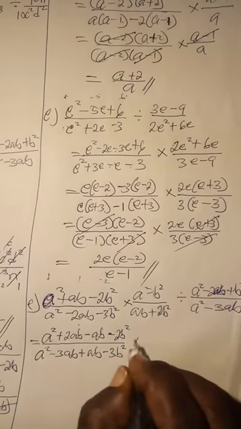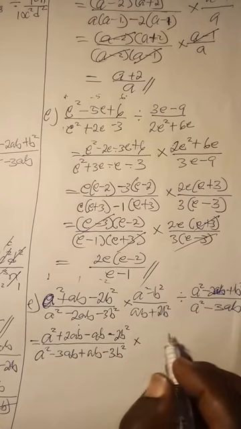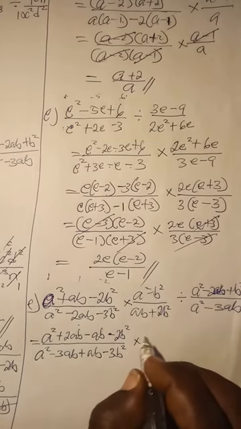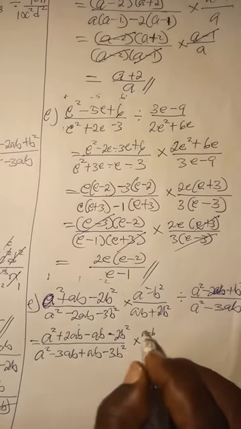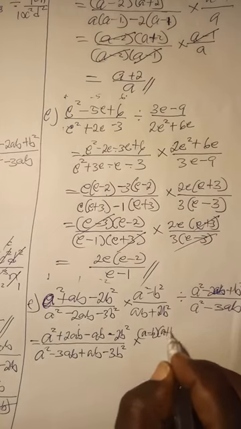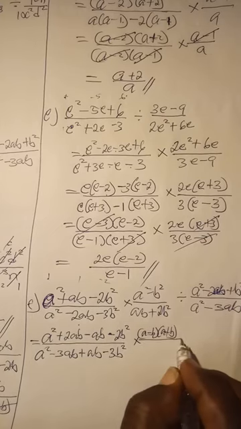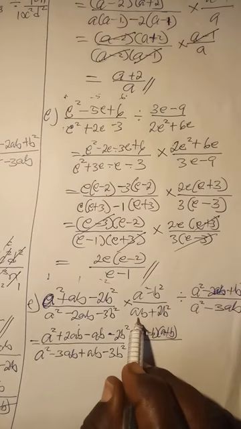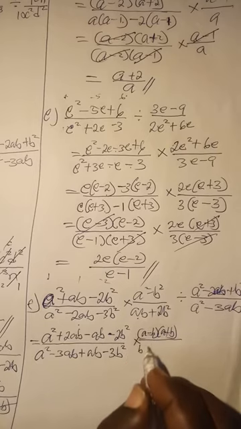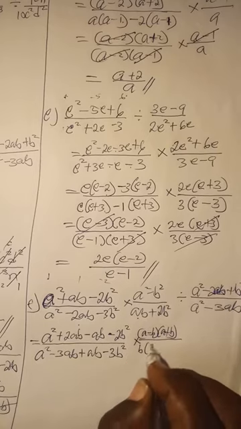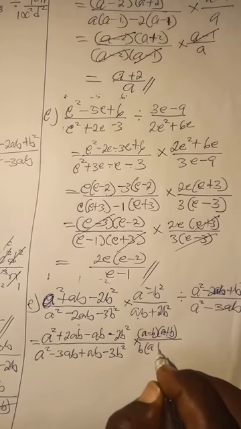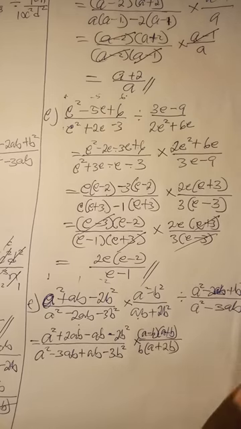Okay, times, now a case of difference of two squares here, right? So a minus b, a plus b, right? Over here, I'm going to have b factored out, b bracket a plus 2b, like this.